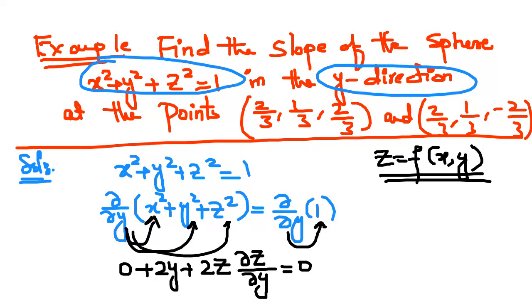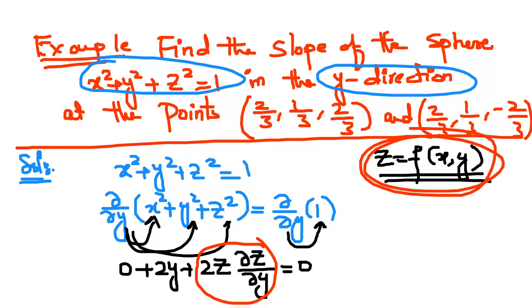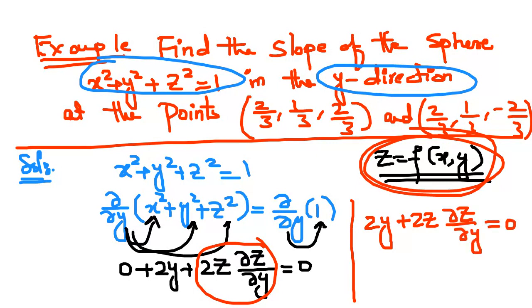So did you get this point or not? Because z is a function of x and y, that's why we take the partial derivative. The partial derivative of z square is 2z and partial z by partial y. Okay, so that is equal to what? 2y plus 2z partial z over partial y is equal to 0, and you will calculate the value.